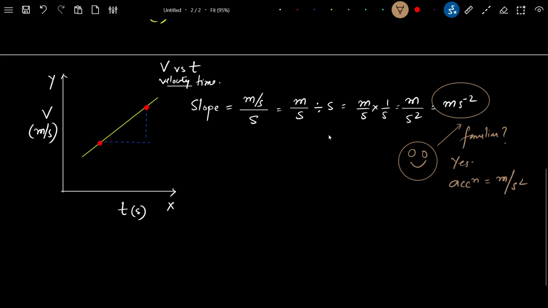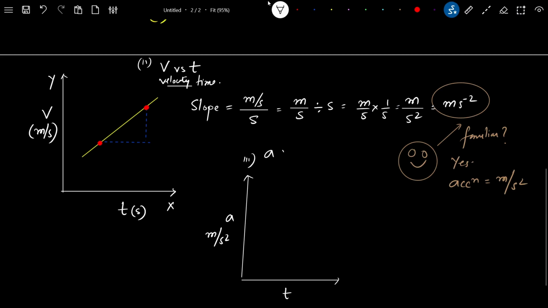Now let's look at the third type of graph. The third graph is an AT graph. So A is in meter per second square, that's acceleration. So we call it A versus T graph, and this is in seconds.